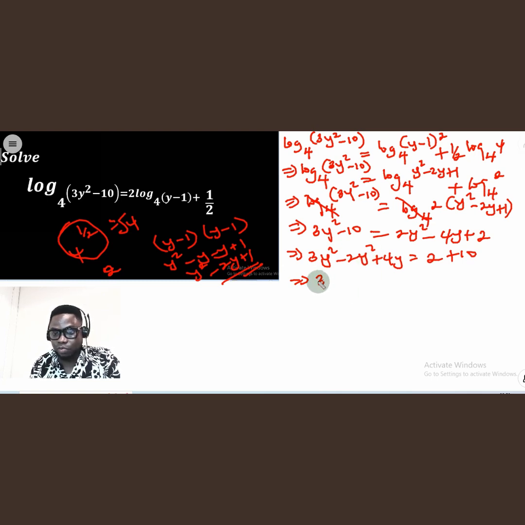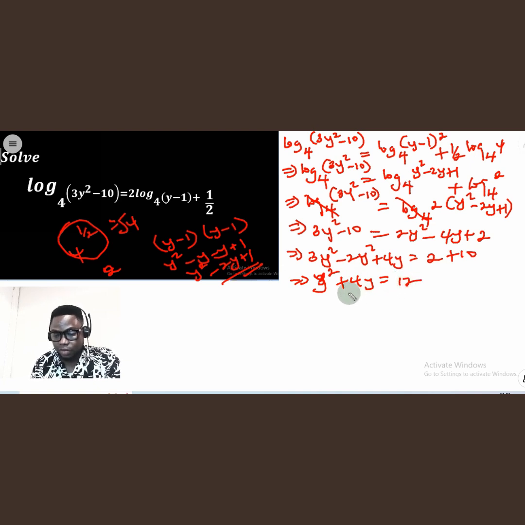That's going to give me 1y squared, so I'll write y squared instead of repeating this. 3 minus 2 is 1. This is 1y squared, then plus 4y is equal to 2 plus 10, which is 12.